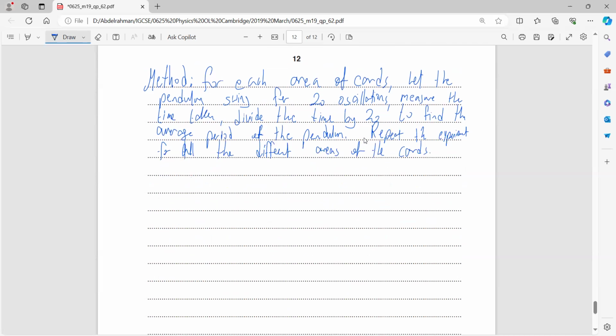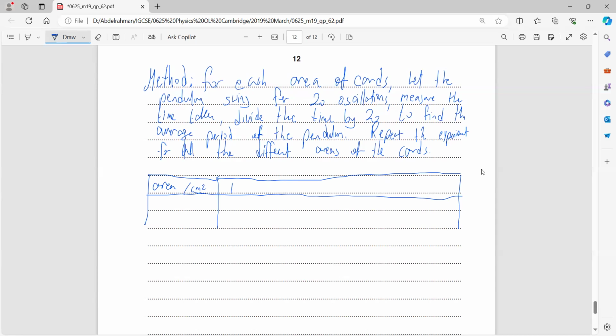What about the table? What should we write down in the table? The area in centimeters squared. The time taken. The card will be from one side, yes, from only one side.